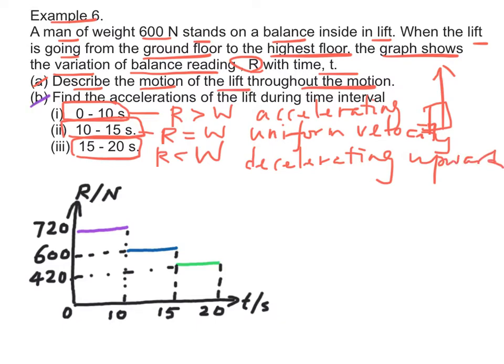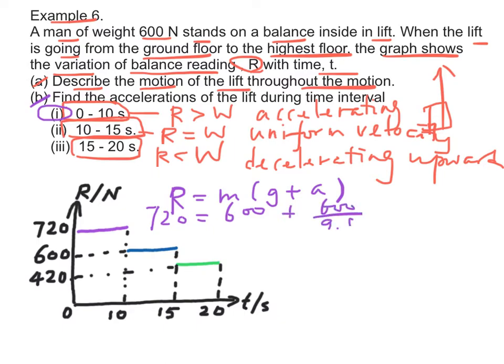For part B, applying the equations for case 1, we have R equal to mg plus ma. That is, 720 equal to 600 plus 600 over 9.81 times a.